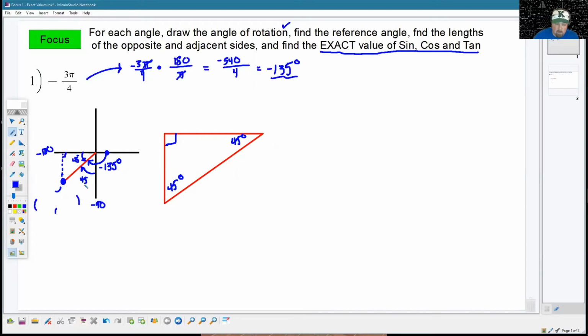And since we were inside the unit circle when we did this, we know that this length right here is 1. This is a special right triangle. That's what we were really talking about with these exact values of sine, cosine, and tangent. This special right triangle, 45, 45, 90, inside the unit circle with a hypotenuse of 1, has sides of length root 2 over 2.